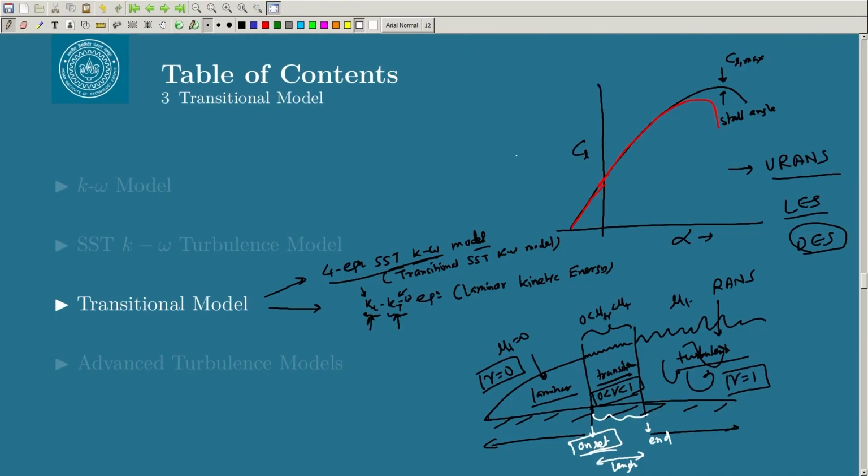You can also have a transition which is a separation induced transition, right. For example, I was talking about the example of flow separation on an aerofoil or a wing, right. Let us say the flow is coming from this side, and when it goes here, it becomes separated, right. When it becomes separated, your flow may become transitional within the separation, okay. This is called a separation induced transition.